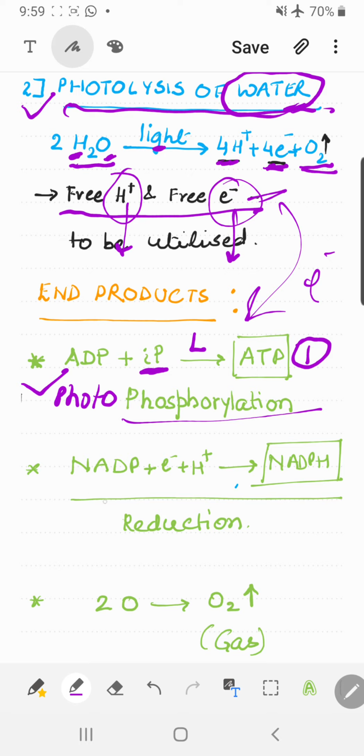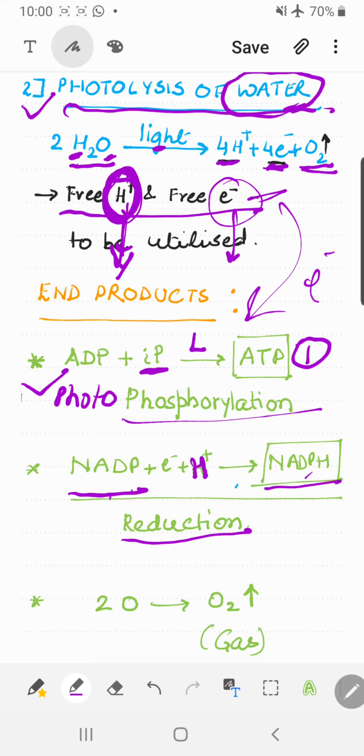Another thing here is NADP, which is naturally present in the plants, and this NADP has to be reduced, right? Reduced how? Here, these hydrogen ions, if you can see, you were having the surplus of these hydrogen ions. These hydrogen ions are added to this NADP to convert it into NADPH, right?